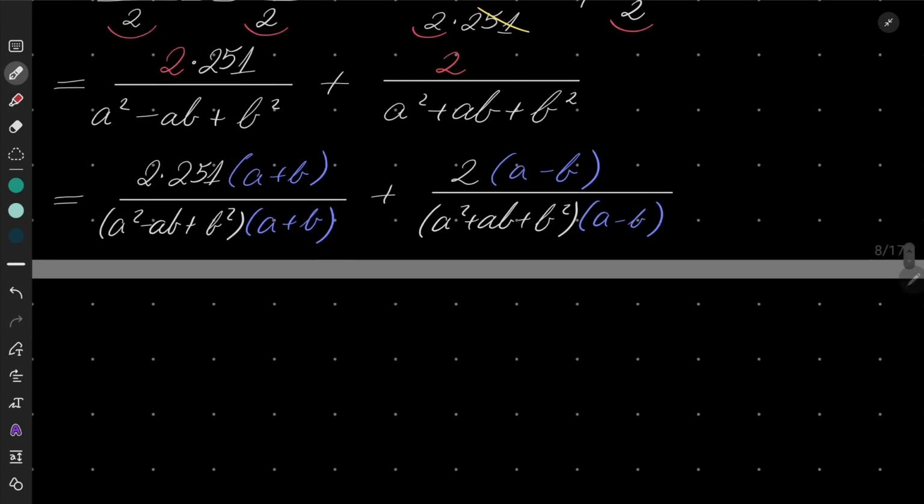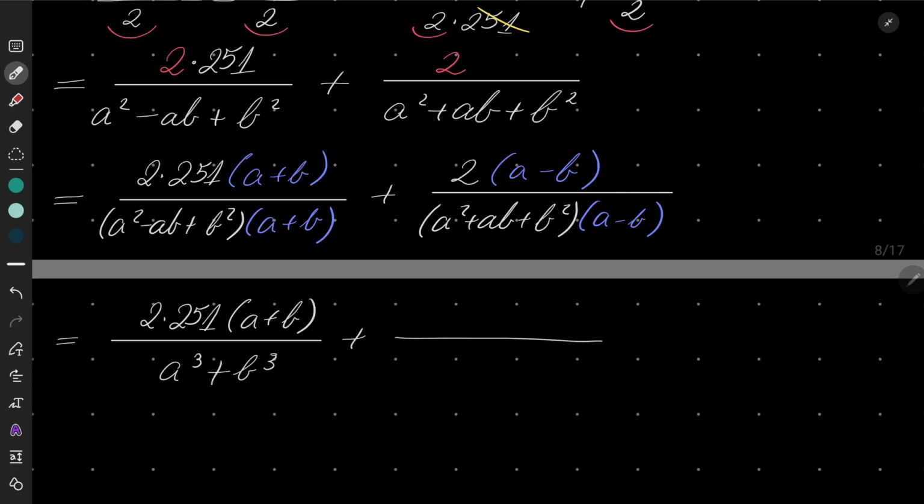Well, after doing that, we have the following. 2 times 251 times a plus b, and here I have a cubed minus b cubed, and here I have 2 times a minus b, a cubed plus b cubed.